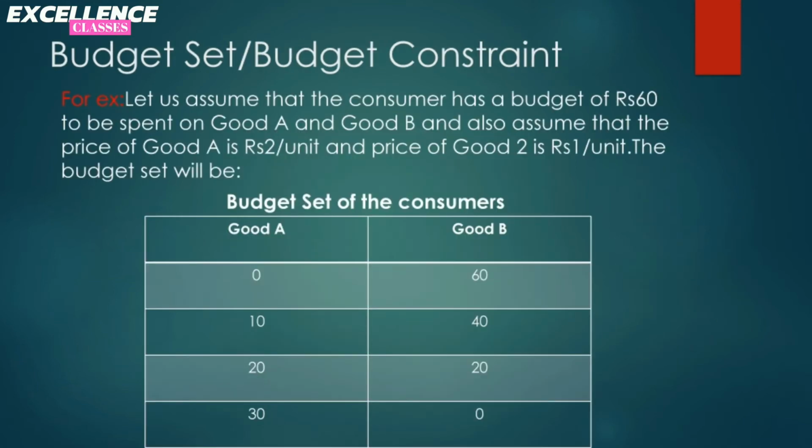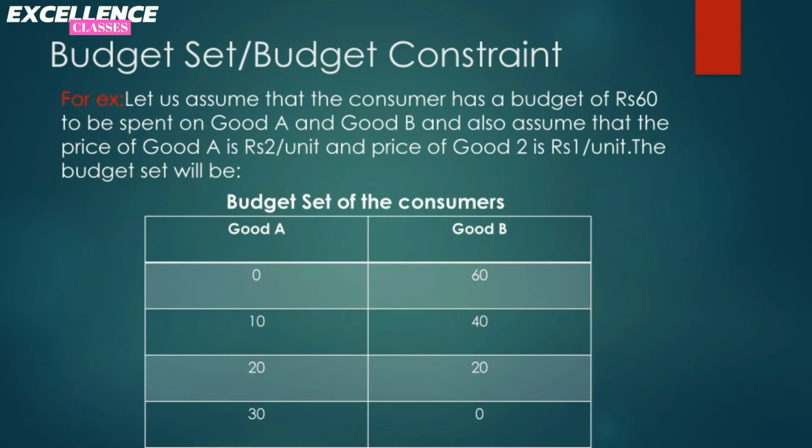Okay, now let's move to our second concept, which is budget set and budget line. Budget set is a tabular representation of those attainable, or we can say affordable, combinations of two goods which a consumer can purchase within his or her limited income at a given market price.